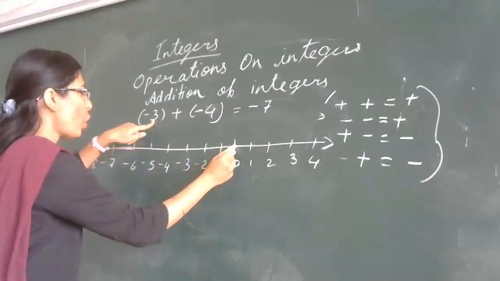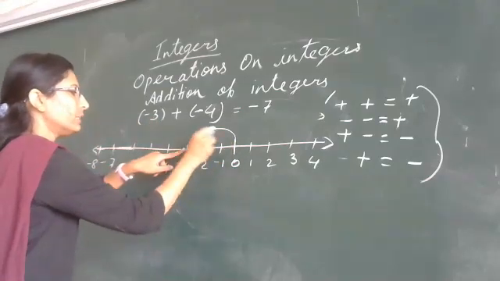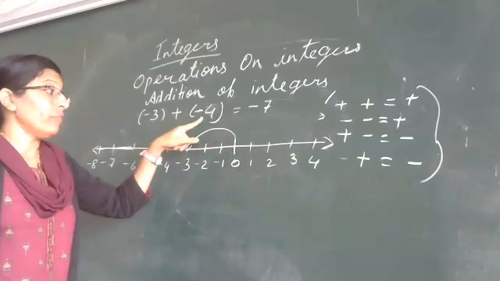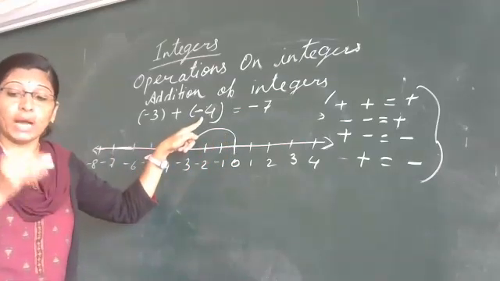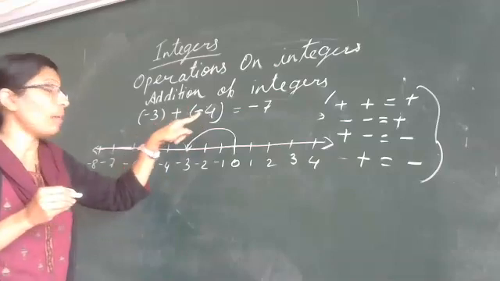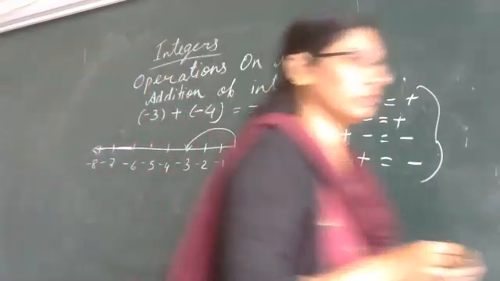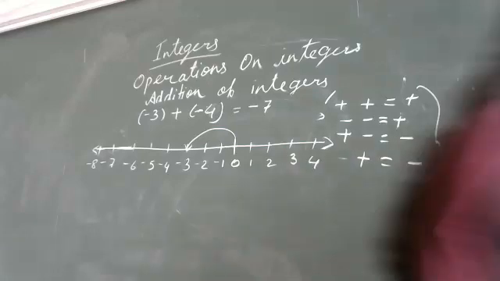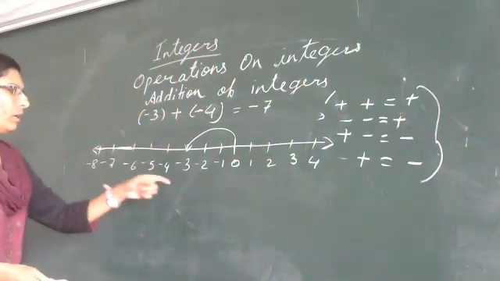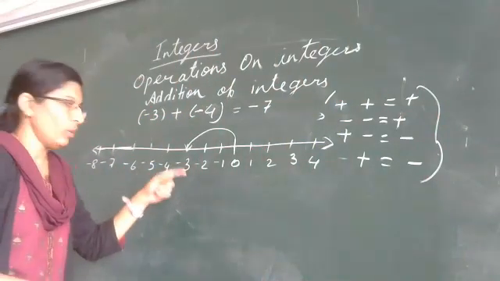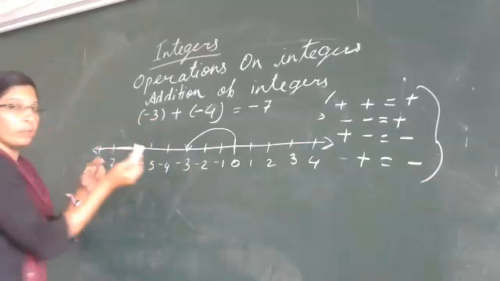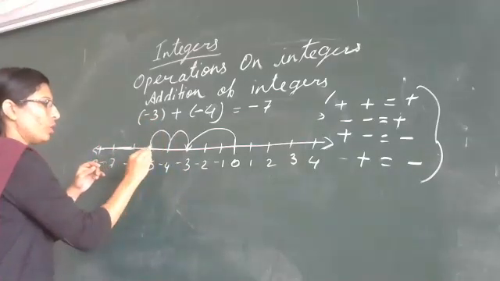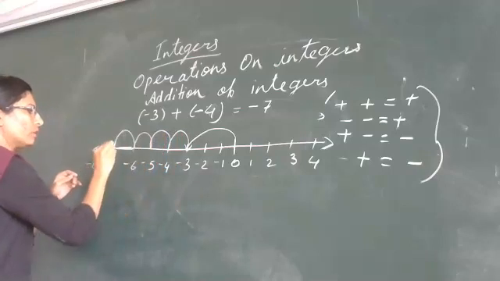Now your first number is minus 3. That means from 0 you should go to minus 3. Now again we have to jump minus 4. Here minus 3. From here we should go 4. 1, 2, 3, 4.